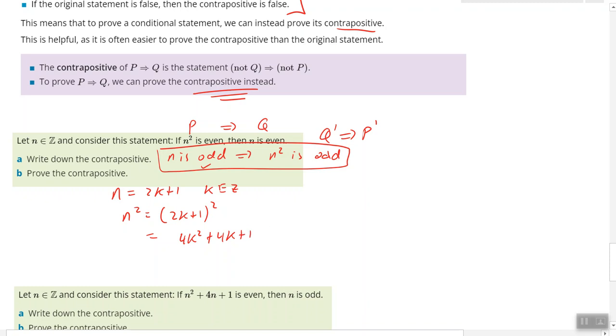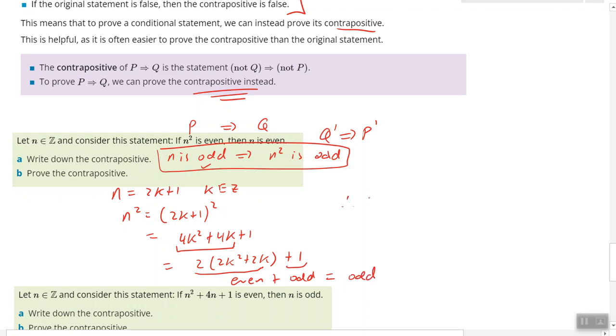Now, how do I prove that this is odd? I can prove that part is even by taking a factor of 2 out: 2 times 2k squared plus 2k, plus 1. Now we know that's even, and that's odd.